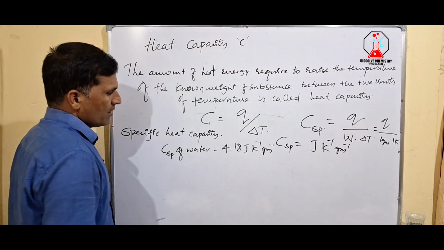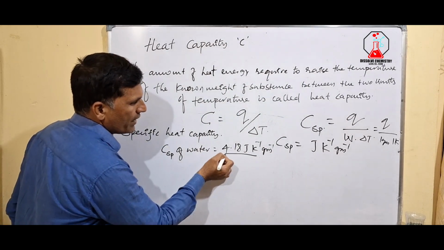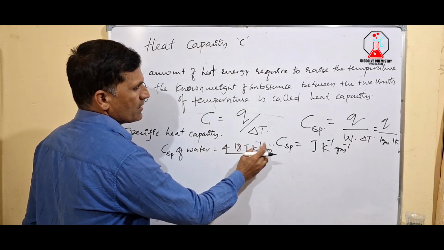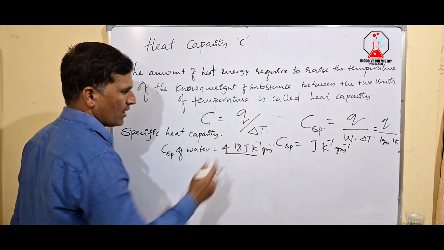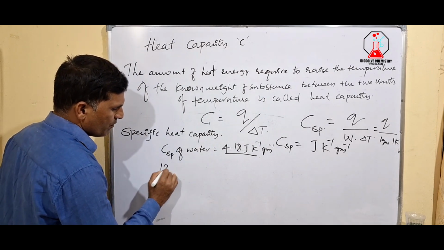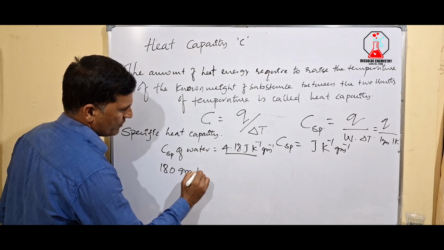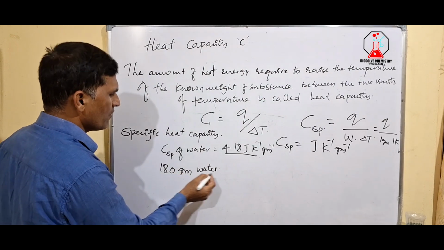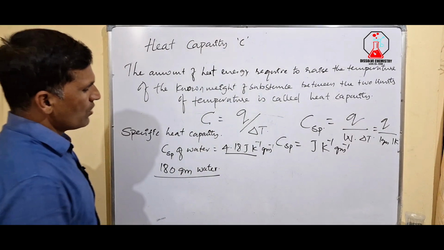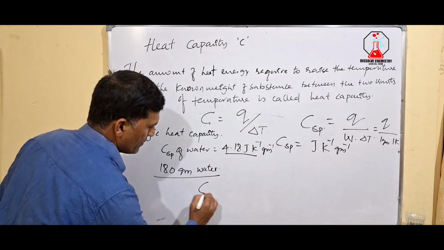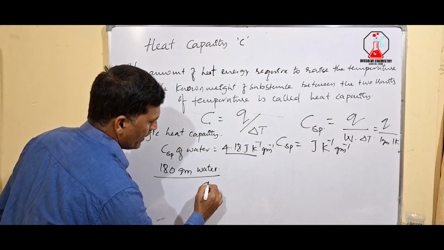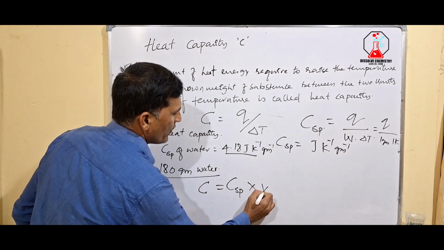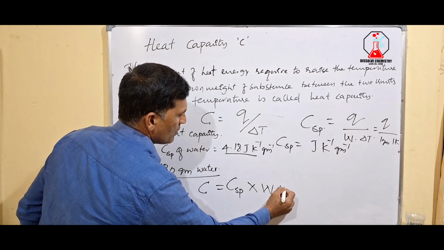Now 4.18 joule per Kelvin is the amount of heat energy to raise the temperature of 1 gram of substance by 1 degree. Now for example, suppose you take 180 grams of water, or you can consider 1 kg of water, anything you can consider, we will take this as 180 grams. So now what would be the amount of heat energy required to raise this one? The heat capacity is equal to specific heat capacity into weight of the substance into what?